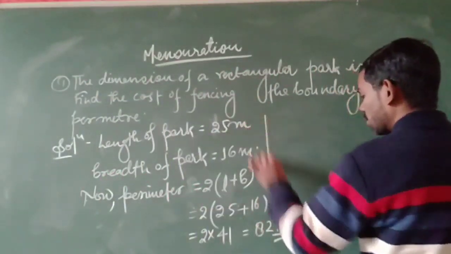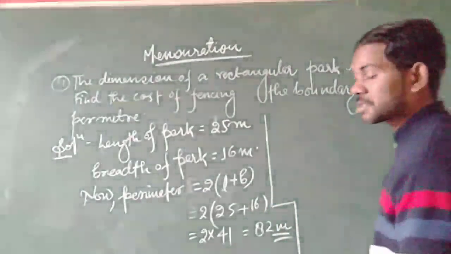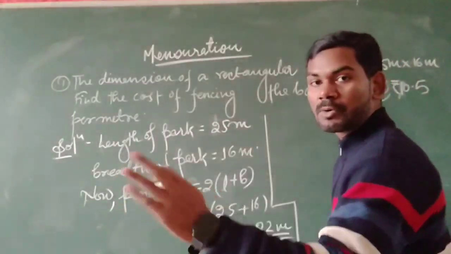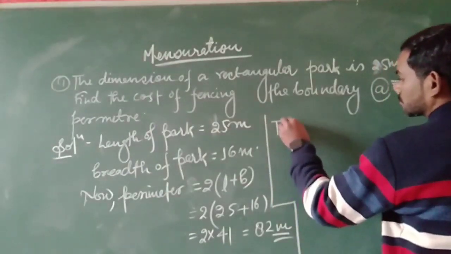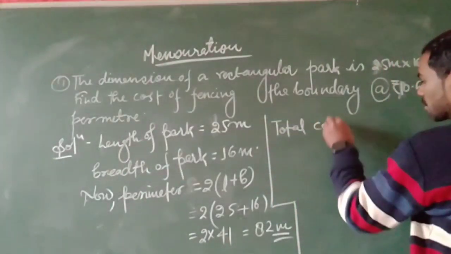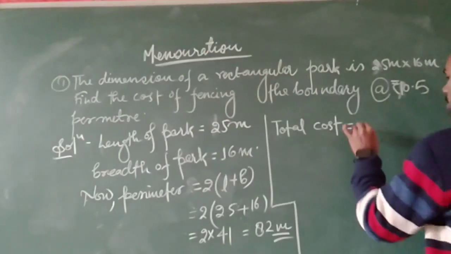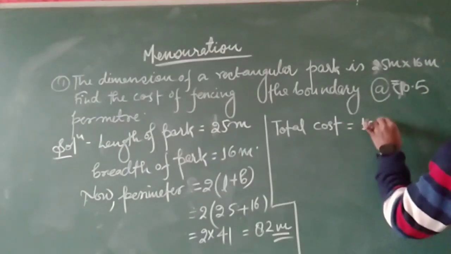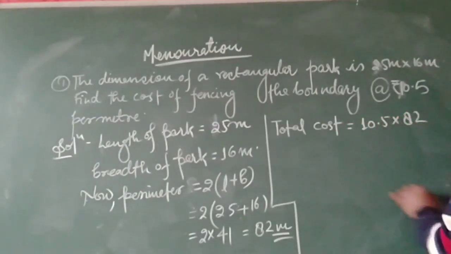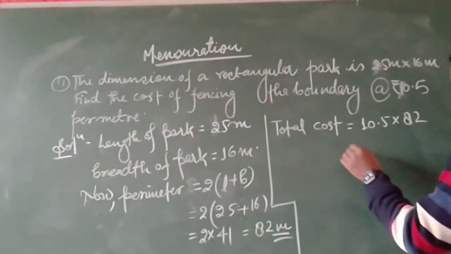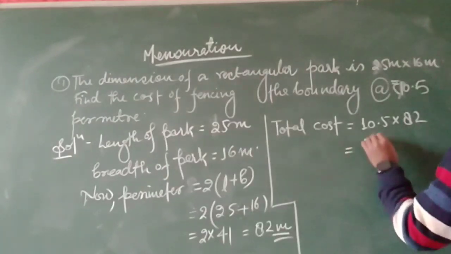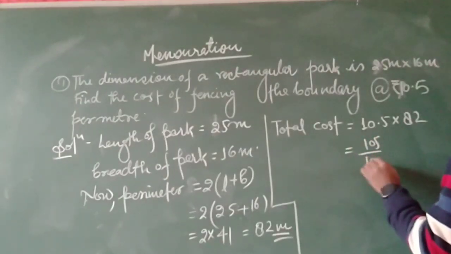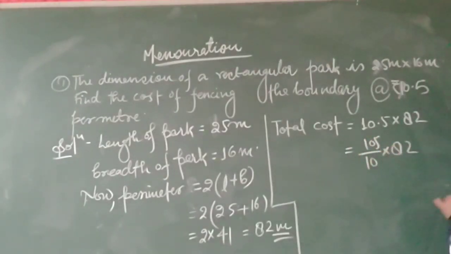Now we have to find the total cost of fencing the boundary of the park. Total cost will be 10.5 into 82. Okay student, in order to simplify, write 105 upon 10 into 82.